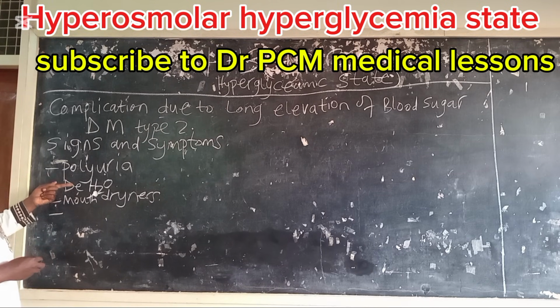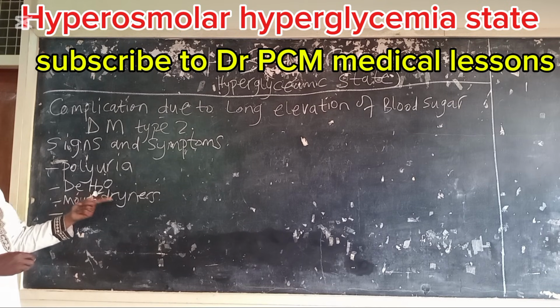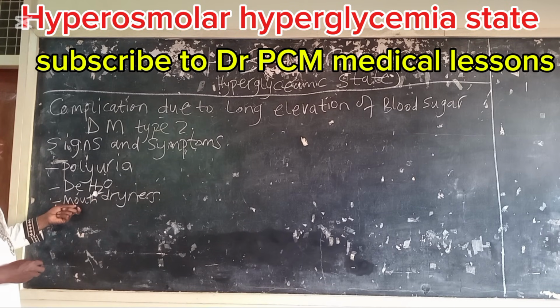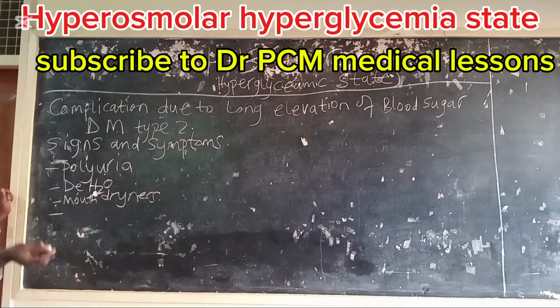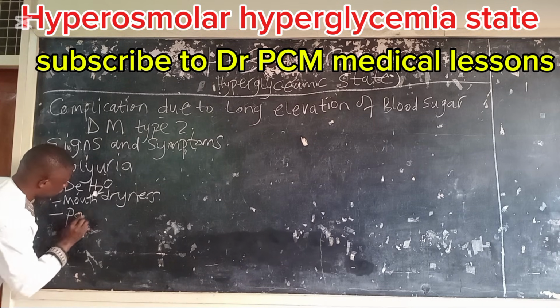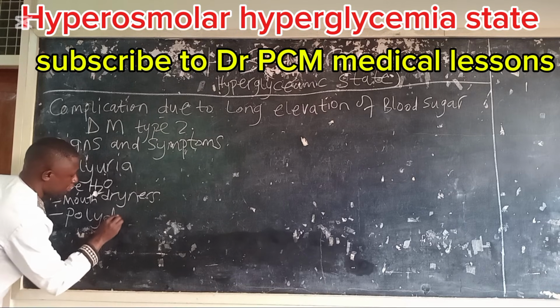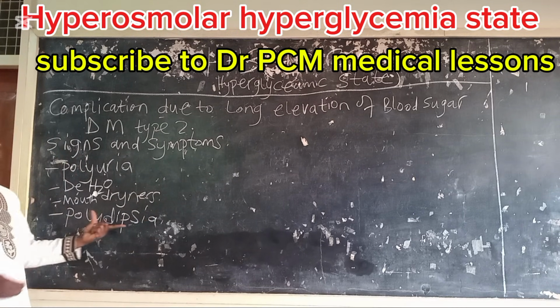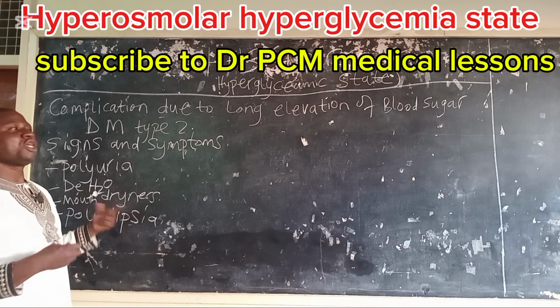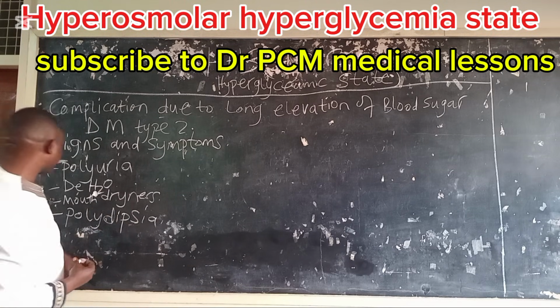When there is too much dehydration, the mouth becomes dry, and eventually you start feeling too thirsty. So there is polydipsia. This is feeling too thirsty.